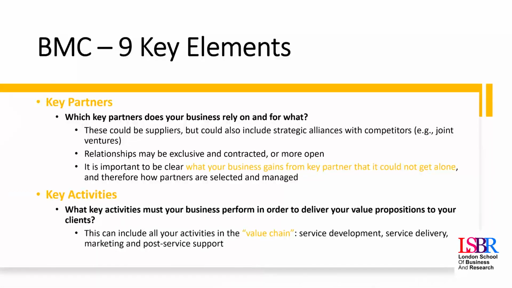Now, those relationships between you and your key partners may well be exclusive or uncontracted, i.e., they're just between you and them. You've got a contract that governs what they must provide and how much you must pay, and that tends to be kept quite secretive or quite private, or it could be more open. So in things like ecosystems, you tend to find that it's quite transparent what contract people are on. Why?